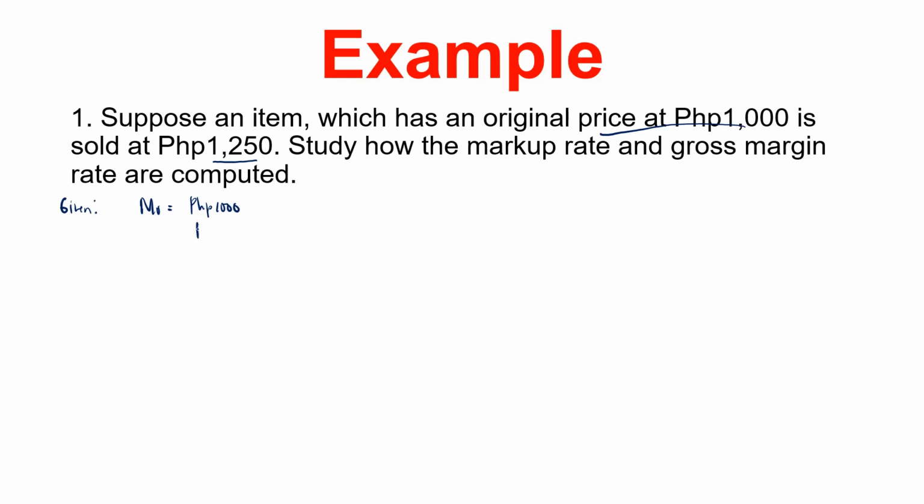Okay, so the 1,250 is the selling price. So we are asked to find the markup rate and the gross margin rate.